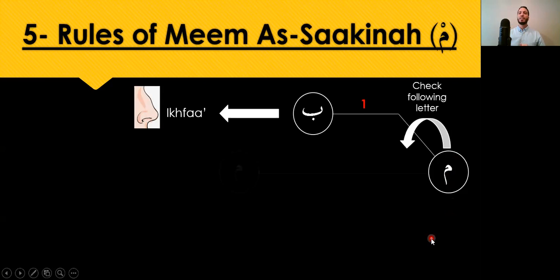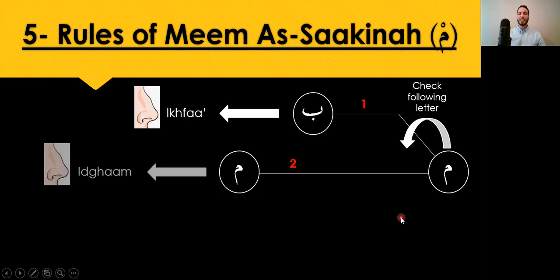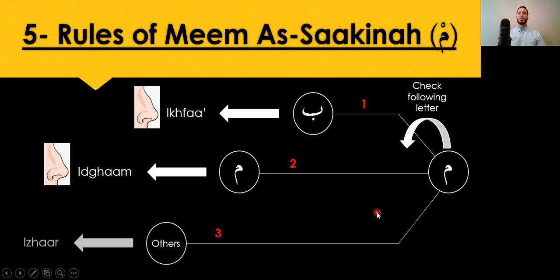Okay. If there's no Ba and there's a Meem, I merge the two as if there's a shadda, and it's called idgham. I merge them. And also there's an extended amount of time that I spend on it. Otherwise, everything else, I simply do izhar, which is I show it clearly. Okay.